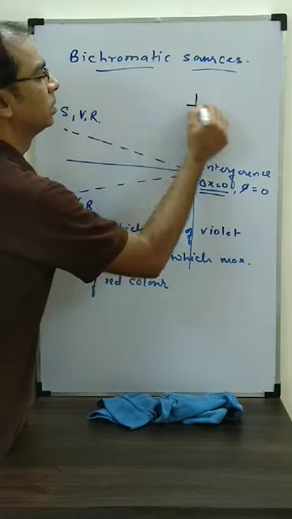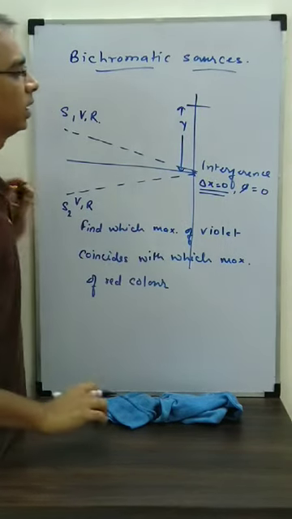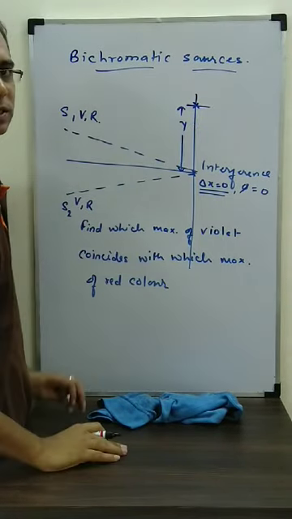So let us assume this is the point. At this point, certain maxima of violet and red are coinciding.